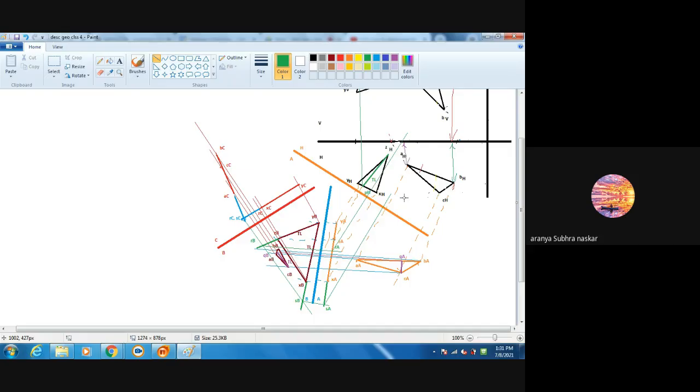Yes sir. R point is on extended YZ line. Yes or no? Yes sir.